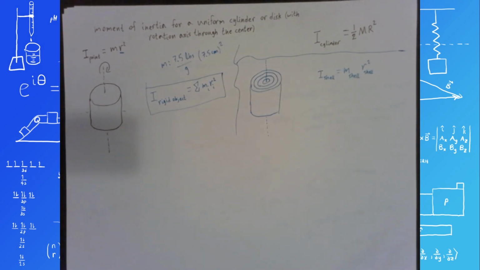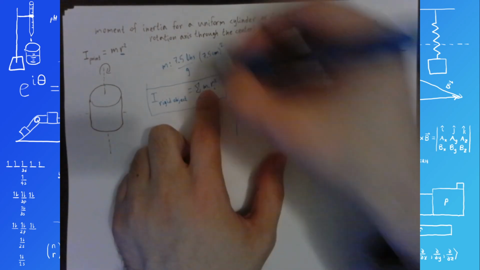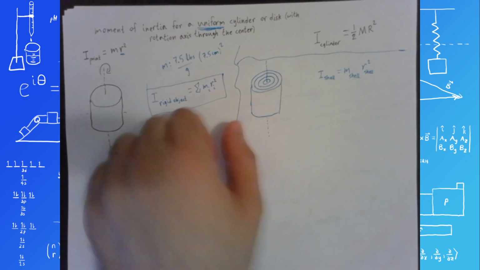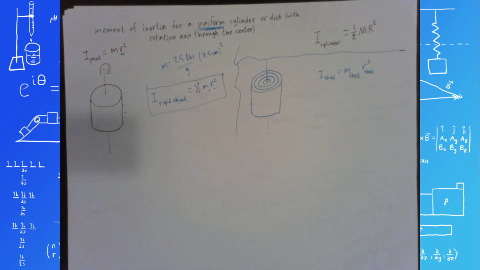Okay, so that's great and all, but how do I know how much mass is contained within a shell? We said that this is a uniform cylinder, so the mass is distributed evenly per volume.